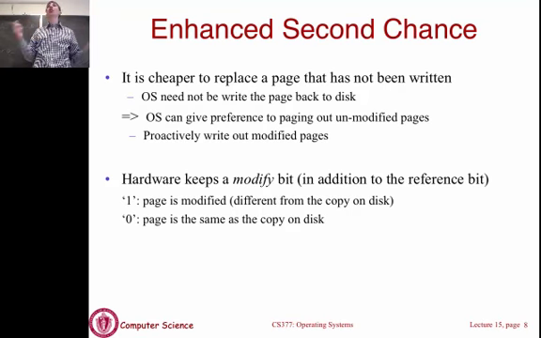But if we have a page that has not changed since the last time we read it from the disk, then what does that mean in terms of when we're doing a page eviction? Yes. Right.